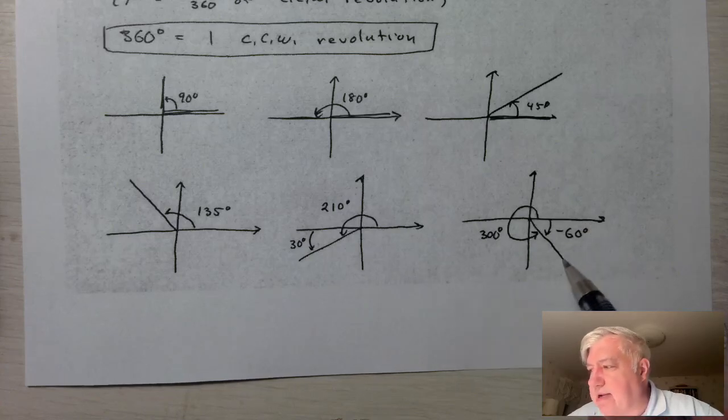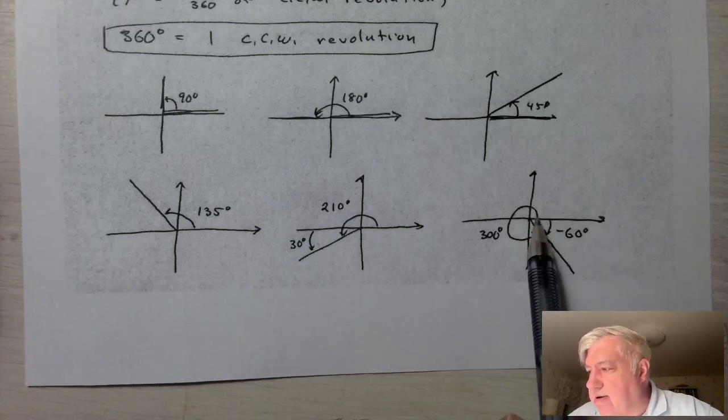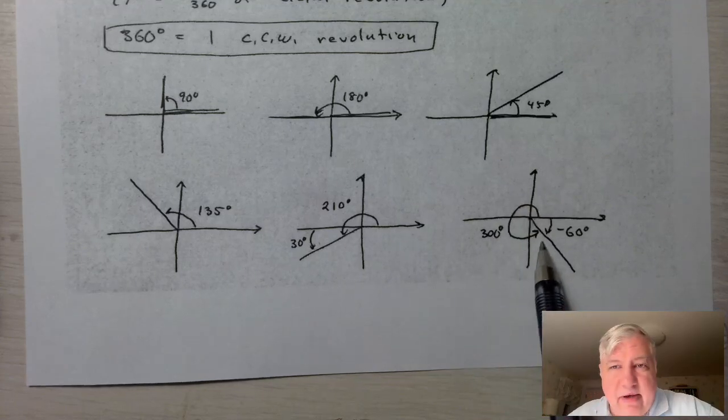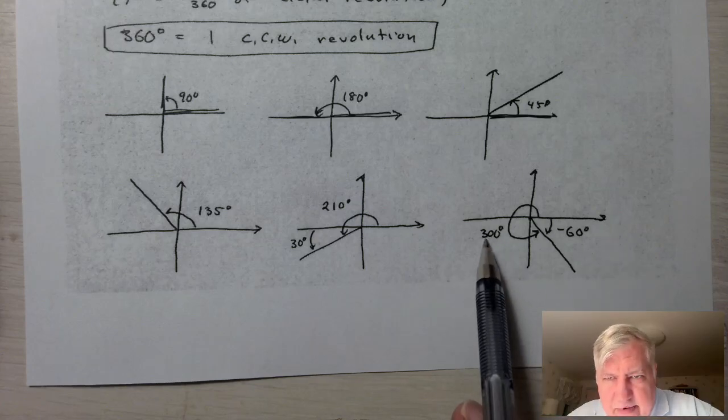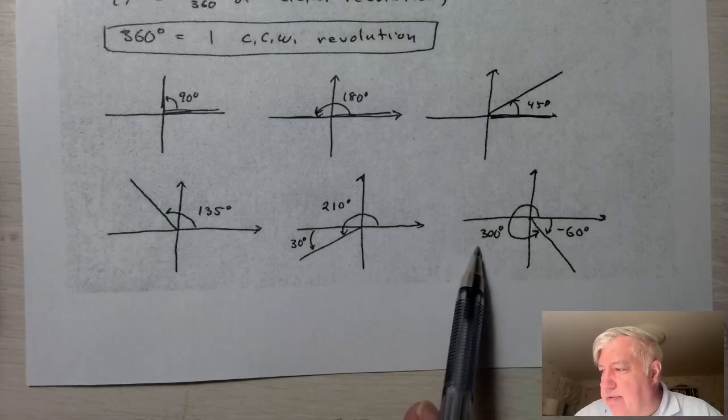So negative 60 takes us into the fourth quadrant. And notice that if we started here and rotated through positive 300 degrees, we would end up at the same spot. So negative 60 and 300.